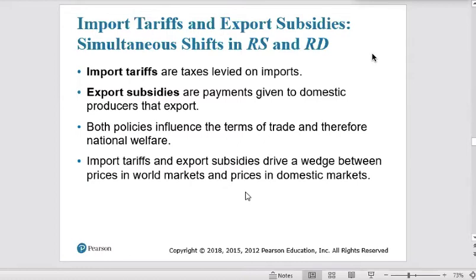If a banana is $1 per kilogram in the world market, but when it comes to China, the Chinese government puts a 20% tariff on banana imports, then for every kilogram of banana that enters China, you have to pay 20 cents, because it's $1 a kilogram. So the importer must pay 20 cents for the tariff.